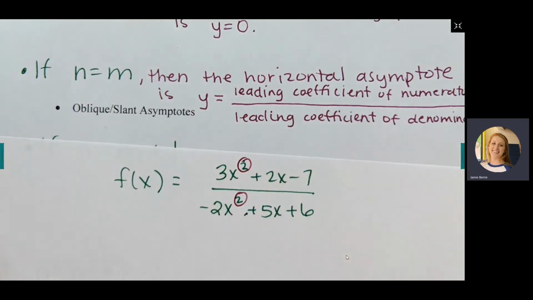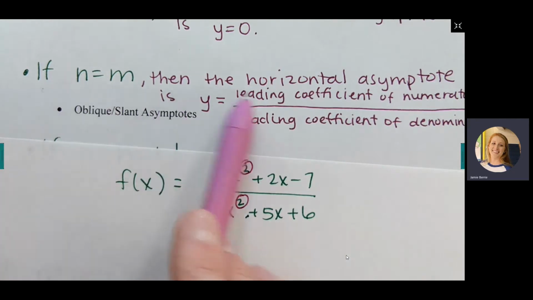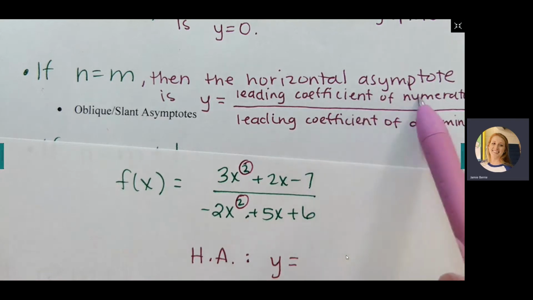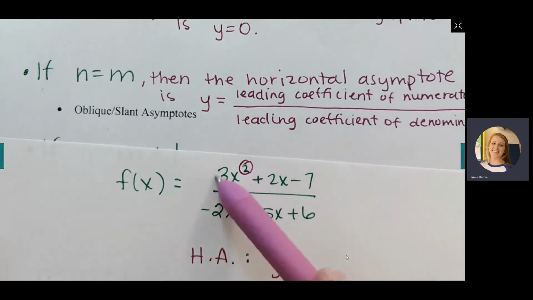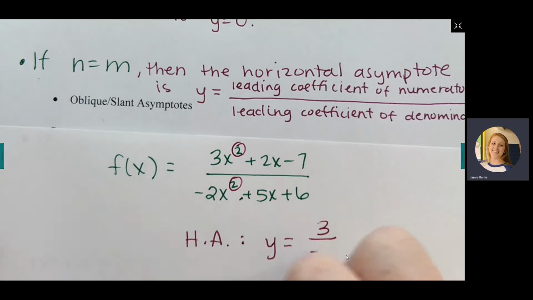So that means that we're using this case here. Degrees are equal. All right, so it says the horizontal asymptote is y equals, right? So HA, horizontal asymptote, is y equals the leading coefficient of the numerator divided by the leading coefficient of the denominator. Leading coefficient is just the number out front if you're in descending order. So that's 3 and negative 2. So it's 3 over negative 2.